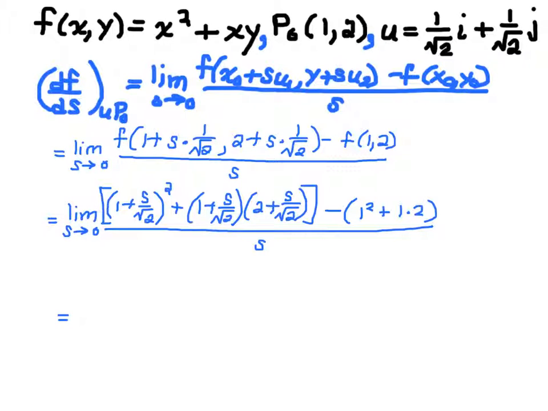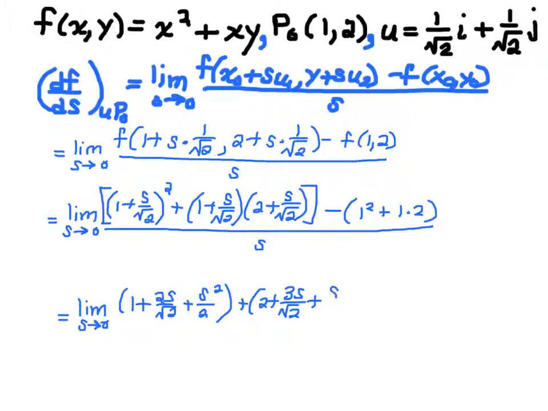We get the limit as s goes to 0 of 1 plus, we're squaring this binomial, 2s over radical 2 plus s squared over 2, plus 2 plus 3s over radical 2 plus s squared over 2, minus 3, and this is all over s.